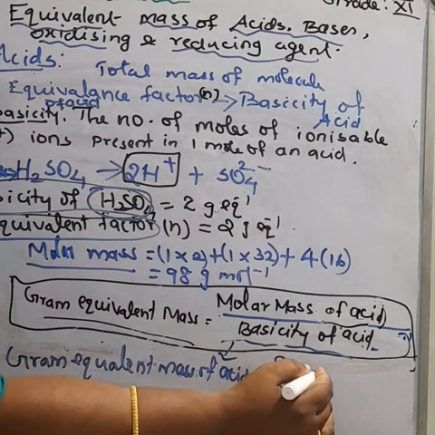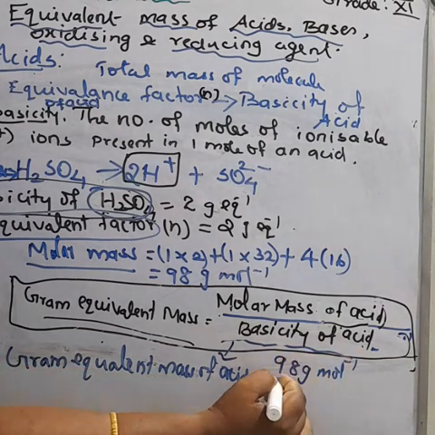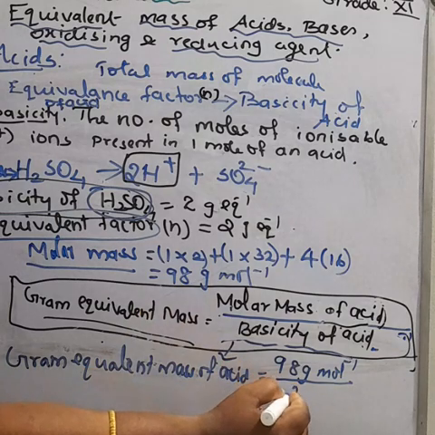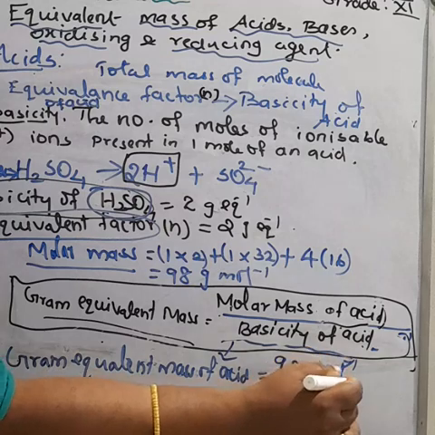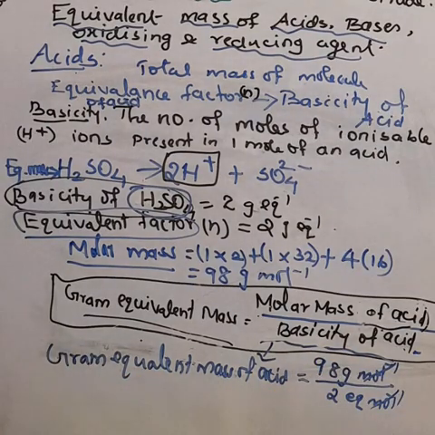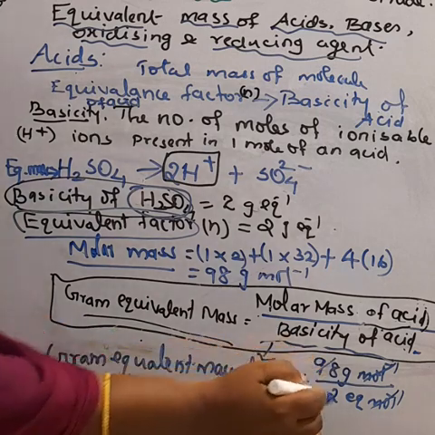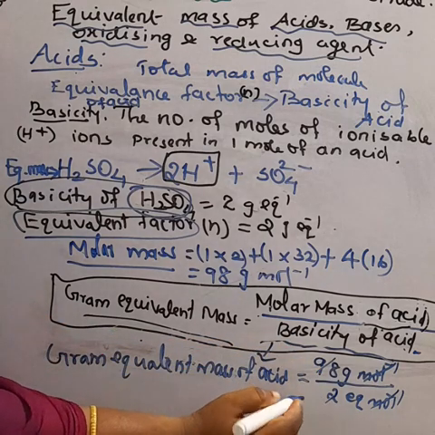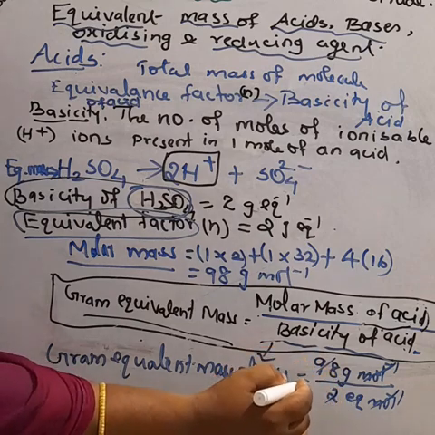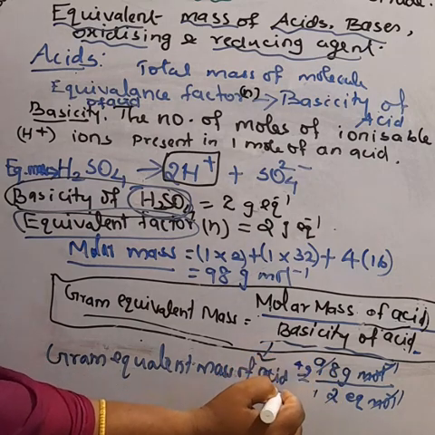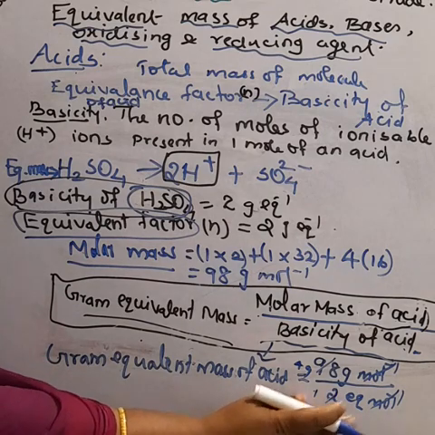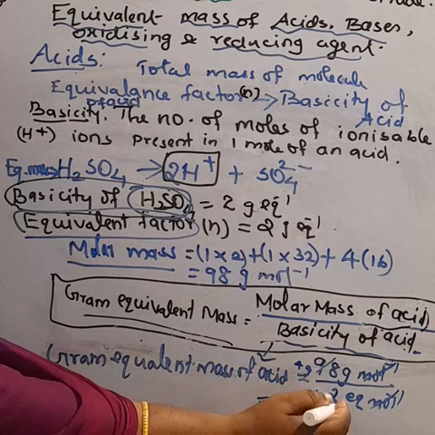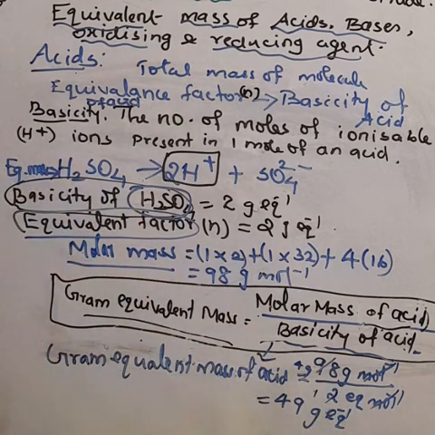What is the basicity of acid here? 2 equivalent per mole. So mole and mole you can cancel. Here 98 divided by 2, we get 49, 49 gram per equivalent. This is the gram equivalent mass of sulfuric acid.